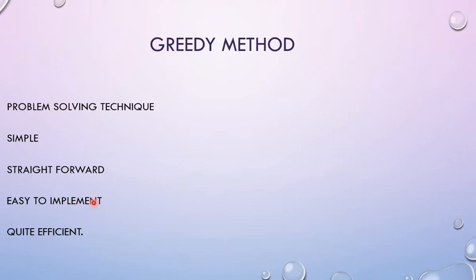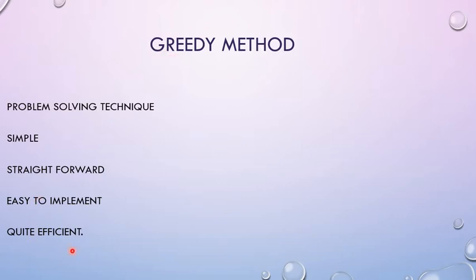Easy to implement means we can draw a solution based on the greedy technique very easily, and it is quite efficient. Quite efficient means it gives the answer for a specific problem, which is solved by the greedy method, in an efficient way.